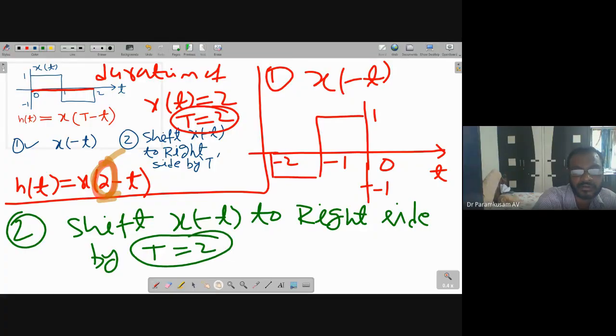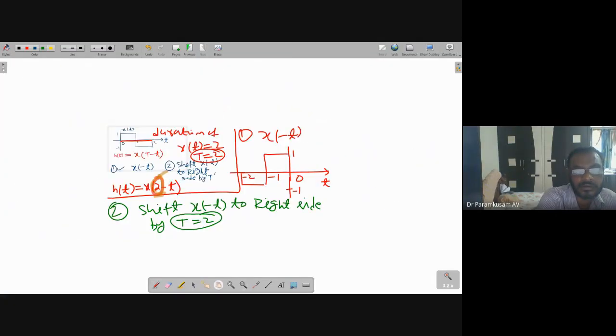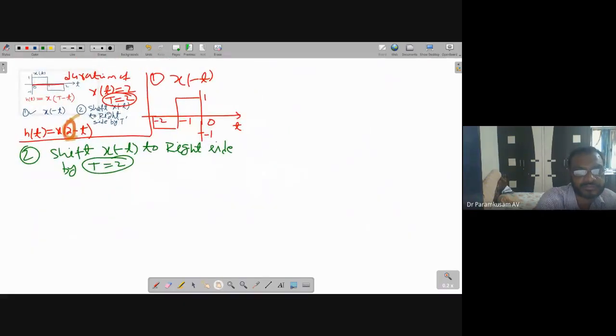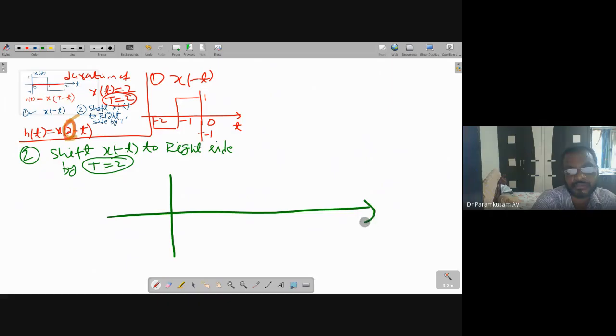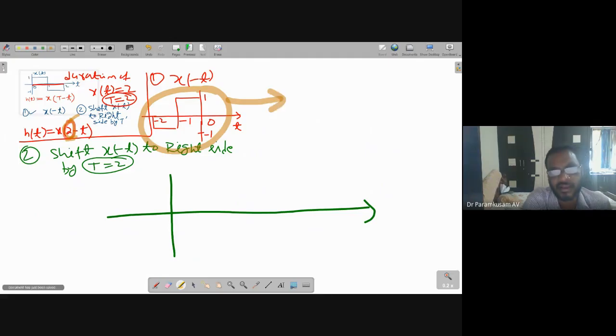Okay, it is a shift change. Now this signal is shifted to the right side by 2. Then what will you get?